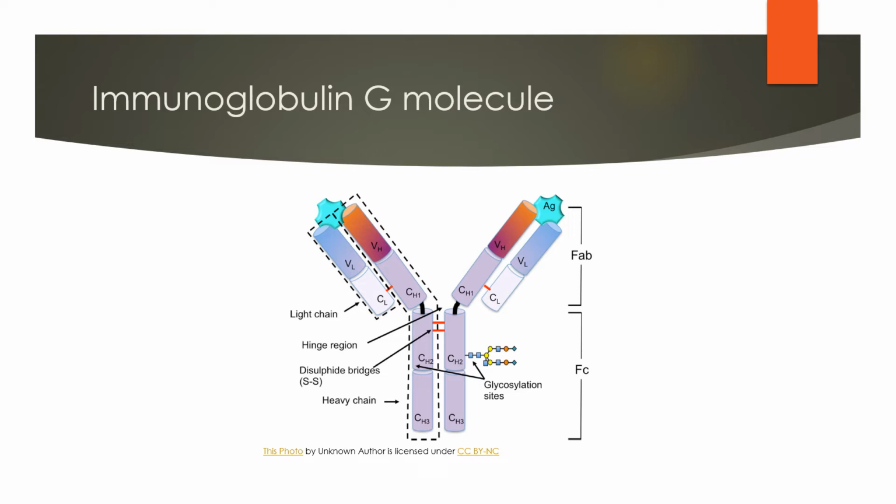All amino acids are bound together by peptide bonds. You can see on this molecule that we have the 2 heavy chains and the 2 light chains. The heavy chains are either gamma, mu, alpha, delta, or epsilon, and the light chains are either kappa or lambda light chains. In any monomer, usually you will have 2 kappa or 2 lambda light chains. You will not have 1 of each. You will have 2 of each.